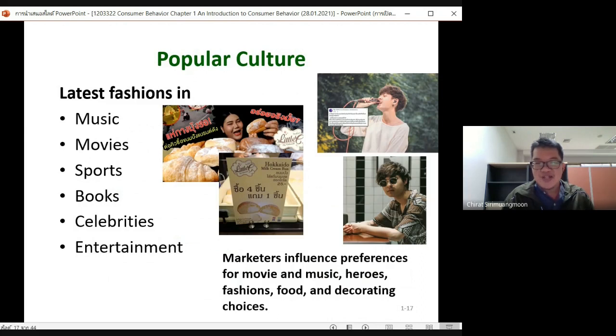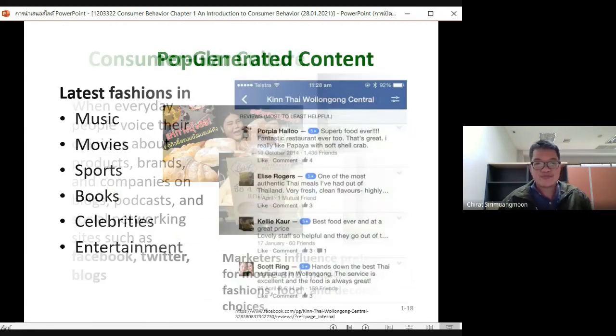For example, if you remember the Avengers movies, 7-Eleven used the Avengers logo and details and printed them on products. This is one example of popular culture.